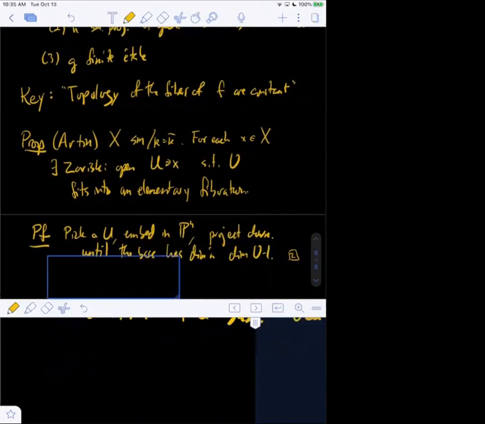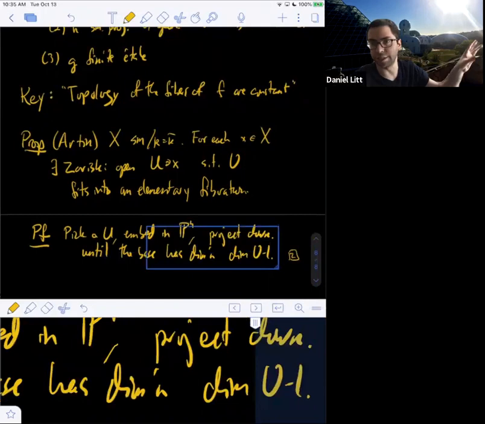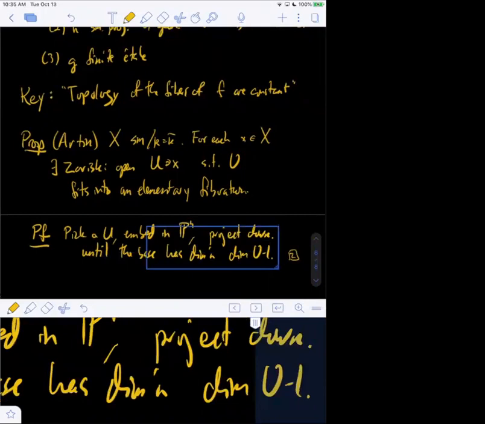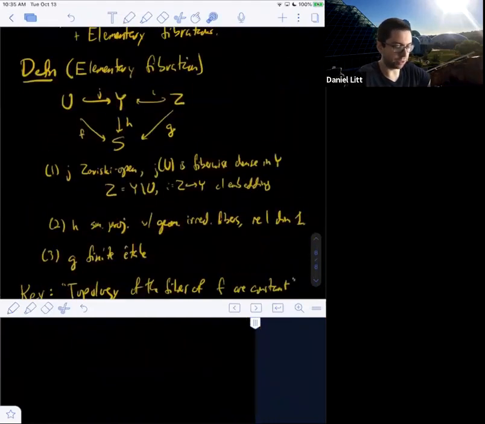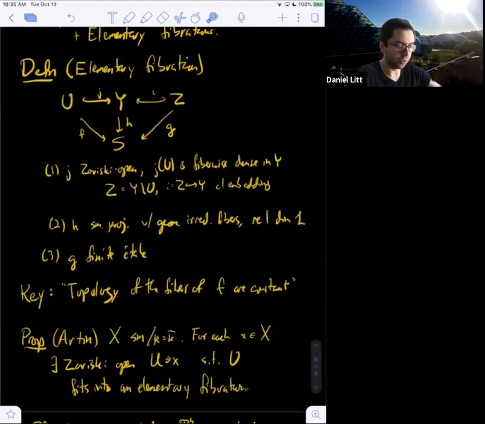Great. So does the choice of U not matter at all? Well, when you do this, you're going to have to delete some stuff. You'll get a map down, but it won't satisfy all these properties, and there will be some bad locus in the base. For example, Y is going to more or less be the closure of U. That's not quite right, but it'll be some piece of the closure of U, and then there'll be some places where that's singular, and you'll delete that, and there'll be some places where the complement isn't étale over the base, and you'll delete those, and so on and so forth.